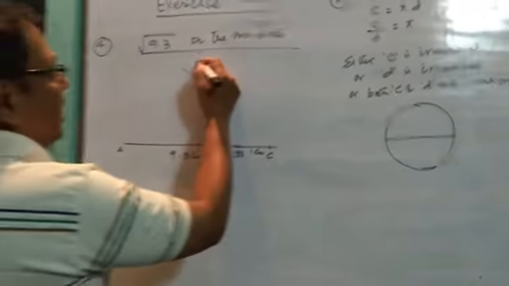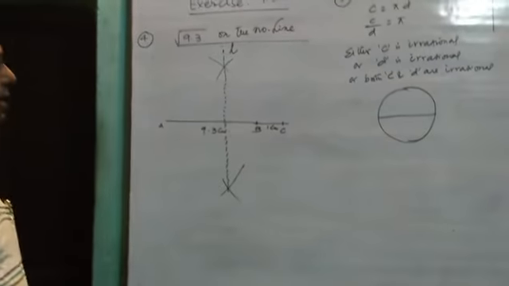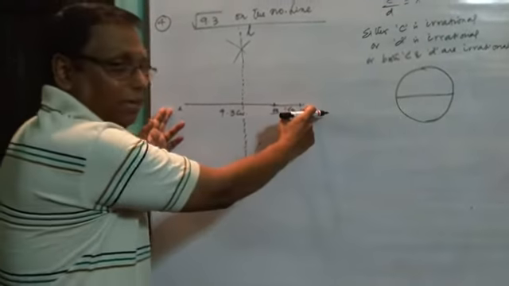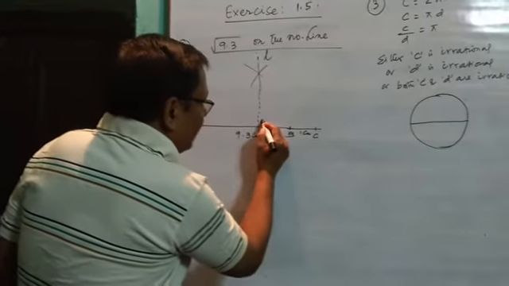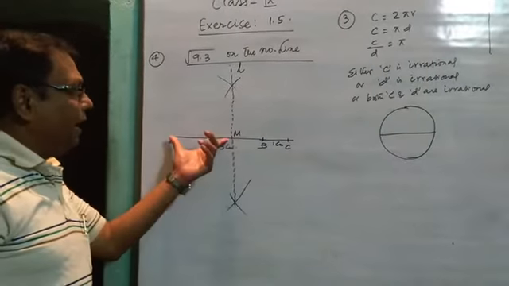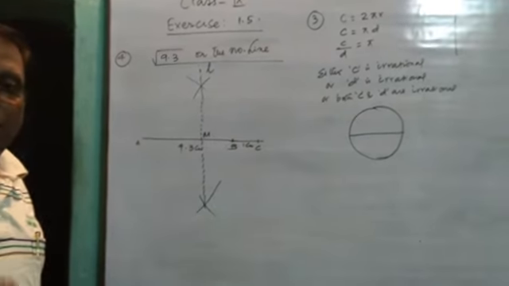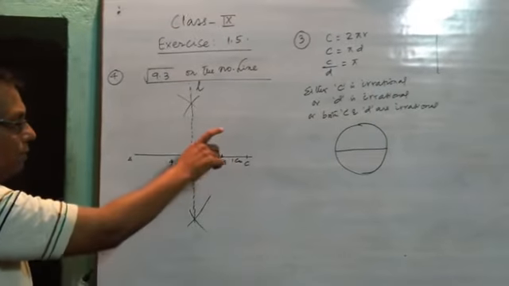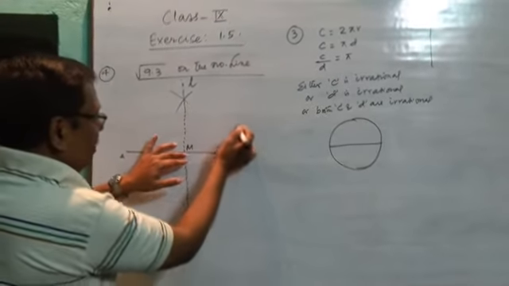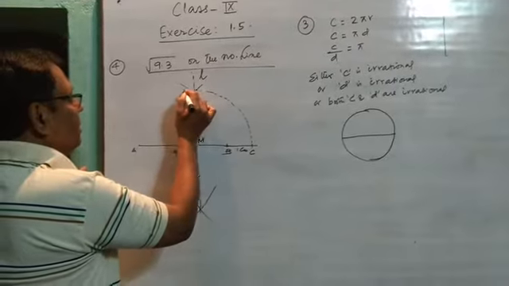The line that I have drawn is the perpendicular, represented by L. It is the perpendicular bisector of the line segment AC. And this point M is the midpoint of AC. That means AM equals CM. Now take the compass, put the needle at M and the tip of the pencil at C and draw a semicircle. A semicircle is drawn.